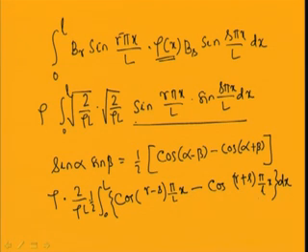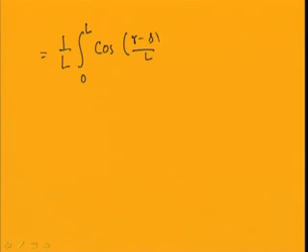So you can divide by 2 and rho gets cancelled. This becomes 1 by L integral 0 to L of cos of r minus s by L into pi x, minus cos of r plus s by L into pi x, dx.